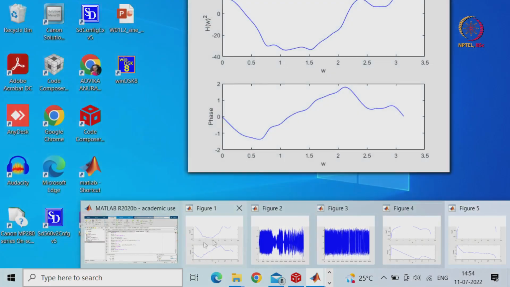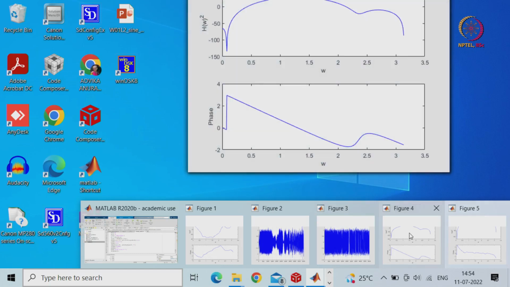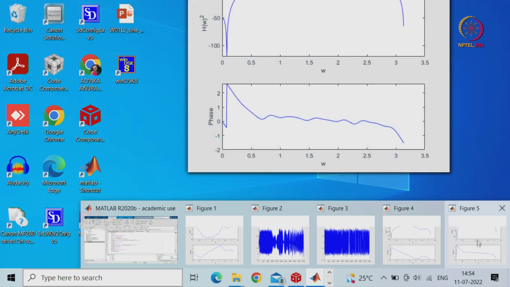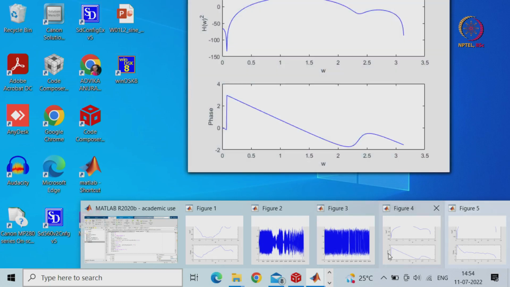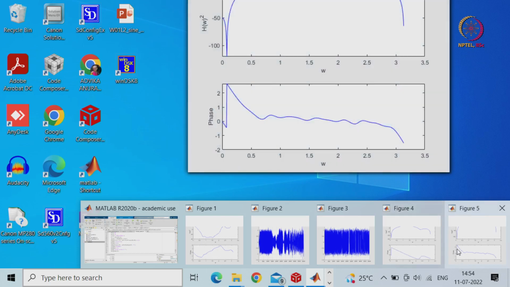So, you have identified the system from the noise also. This was the original and you are able to correct it to the original, and you are seeing how your phase looks. Here in the original this is the phase of the system, and in the recovered signal this is the phase of the signal.